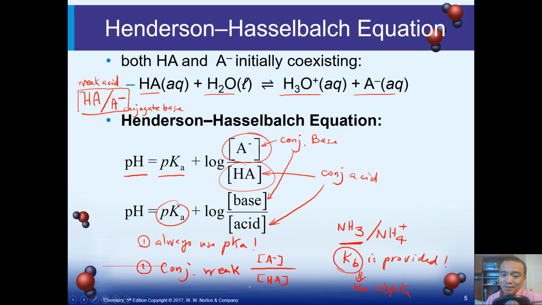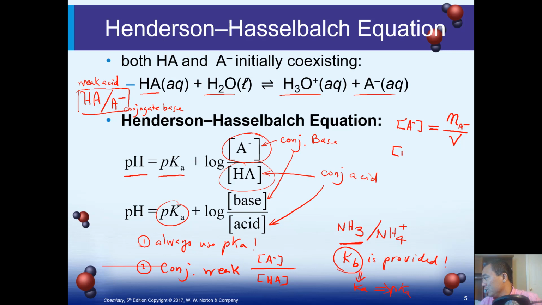The third thing is, because you know the concentration or molarity, your molarity is always the moles divided by volume. I'm going to use N times M for A minus divided by volume. Moles divided by volume gives you the concentration.